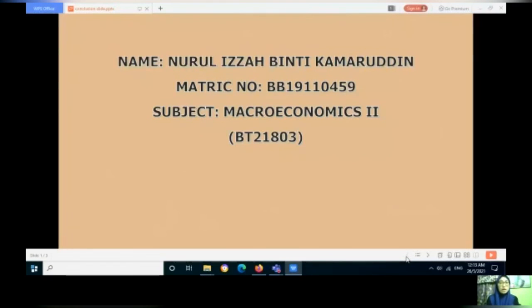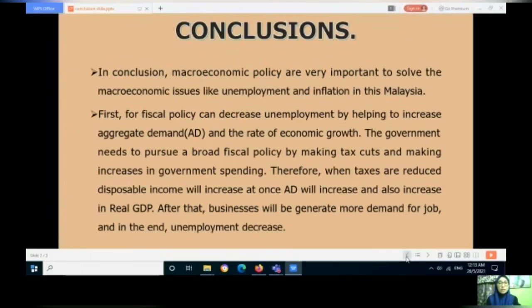Conclusion. In conclusion, macroeconomic policies are very important to solve macroeconomic issues like unemployment and inflation in Malaysia. First, fiscal policy can decrease unemployment by helping to increase aggregate demand and the rate of economic growth. The government needs to pursue broad fiscal policy by making tax cuts and increasing government spending.